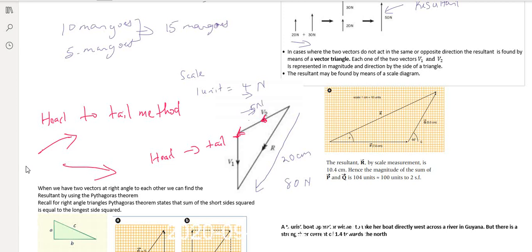I can shift the vector upward, maintaining the direction that it was originally in. So if I shift this vector, it will be in this direction. This is where you would draw it.